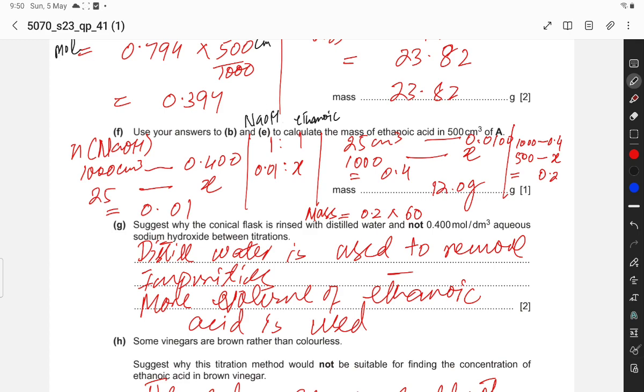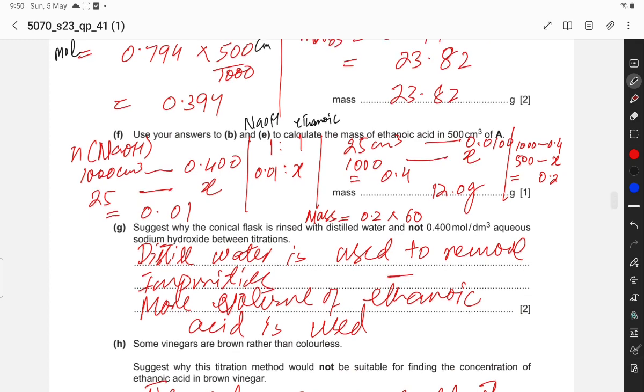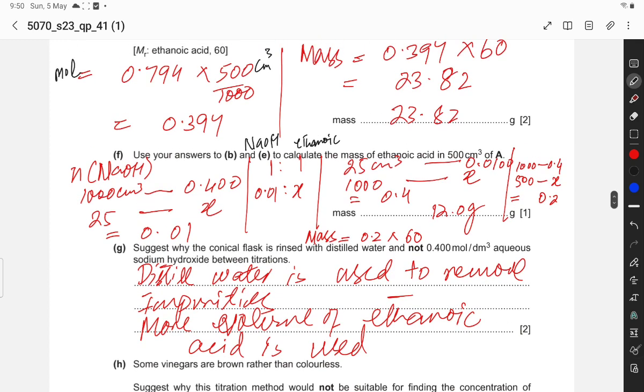Now 25 cm³ of sodium hydroxide contains 0.01 mole of sodium hydroxide, by mole ratio. This is volume, and now this is moles. So the 25 cm³ volume contains 0.0100 mole of ethanoic acid.